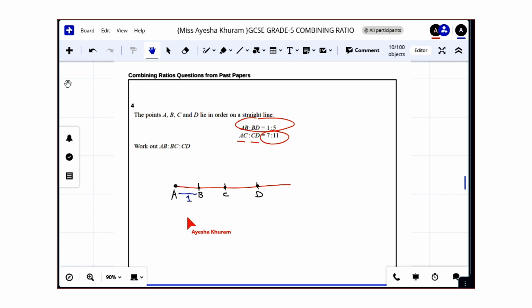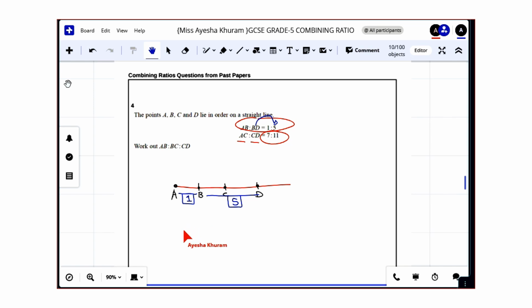Look at the question, kids: AB is 1 and BD is 5. So I start from B and go to D, which is 5. I can make a box here as well. So A to B is 1 and B to D is 5.